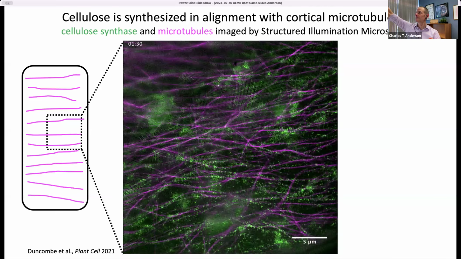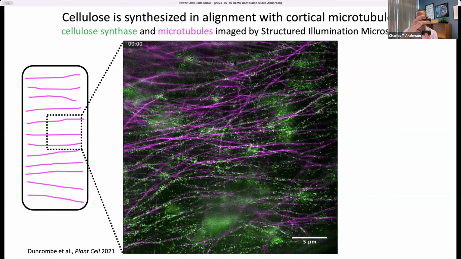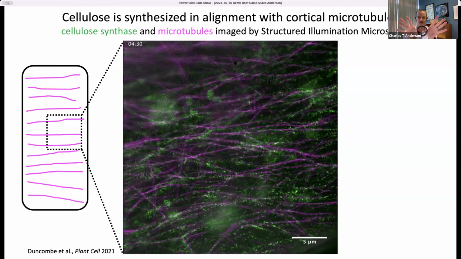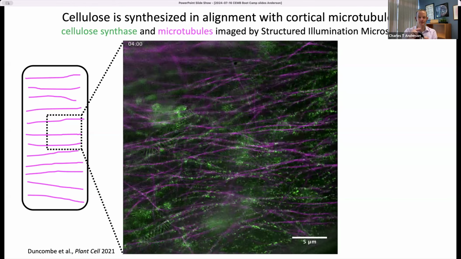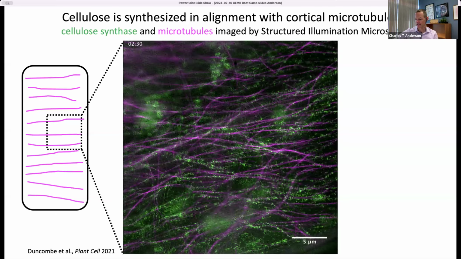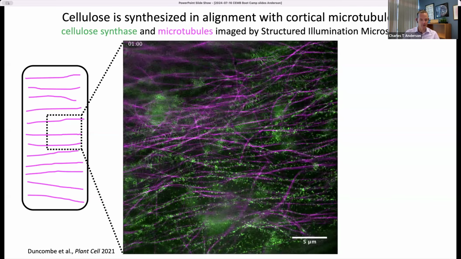And the analogy I like to use is a slinky. So a slinky can expand in this direction very easily, but if we turn it on its side, it can't expand in this direction very easily because of the nature of that spring being wrapped around radially. So the same thing happens with cellulose in many types of plant cells and constrains the direction of growth of that cell and also the mechanical properties of the wall.